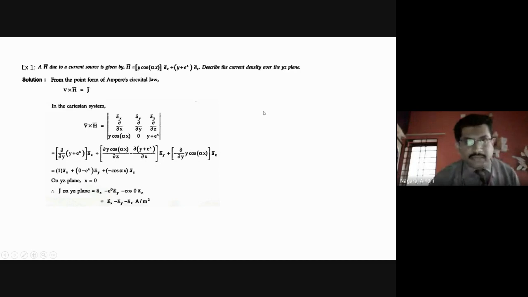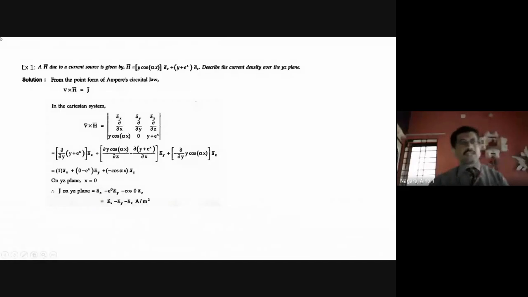Then next we have to find at the plane yz. At the plane yz, what is the x value? What is the value of x in the yz plane? Yes, what is the value of x in the yz plane? If you take x coordinate, y coordinate, and z coordinate, it is 0, y, z.